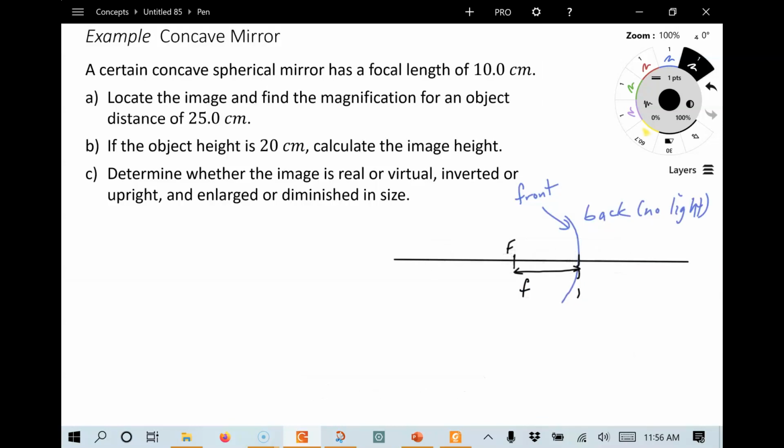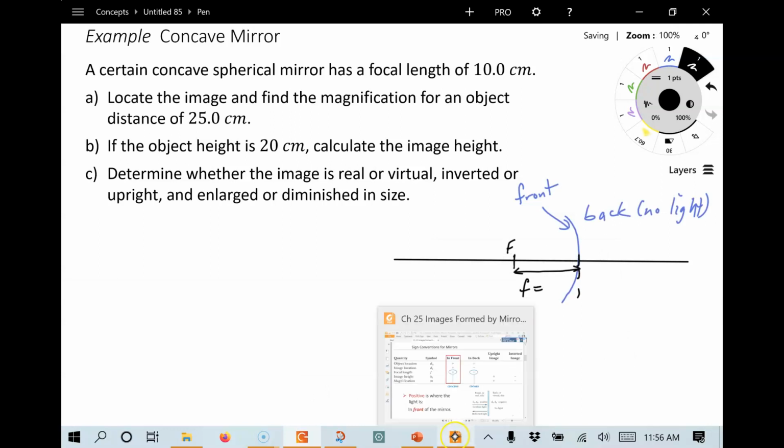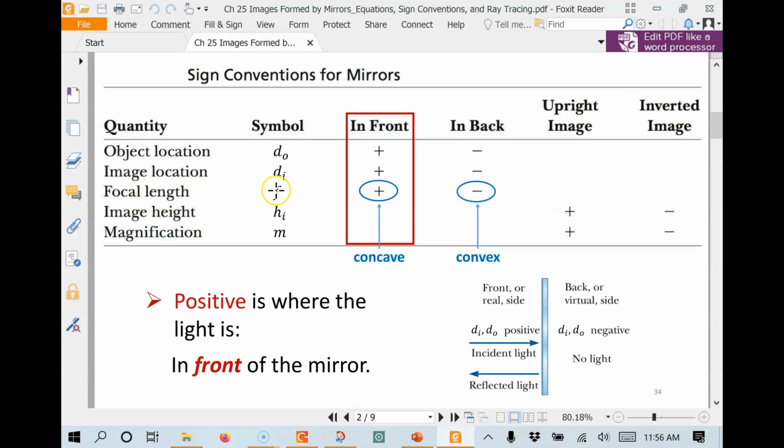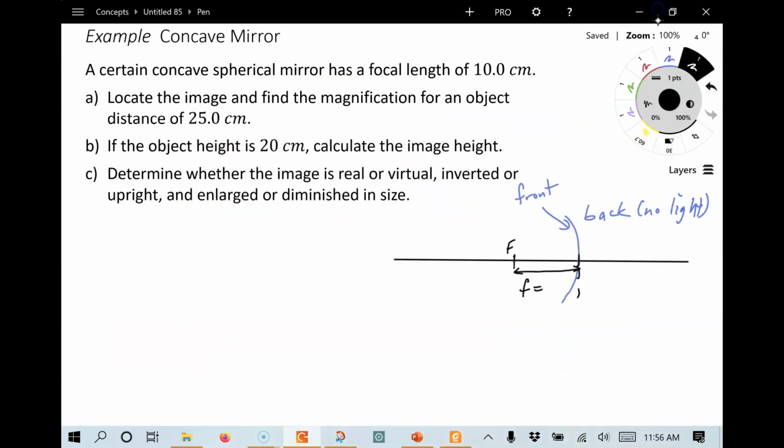We've been told that it's equal to 10 centimeters, but we need to check real quick. Let's go look at our sign conventions. Focal length, concave mirror, it's in the front, plus, okay, it's going to be positive. Plus 10 centimeters. Now, I don't need to convert anything into meters because the equation that we'll use for the mirrors is just all lengths, and whatever length you use, as long as you're consistent, it's good.